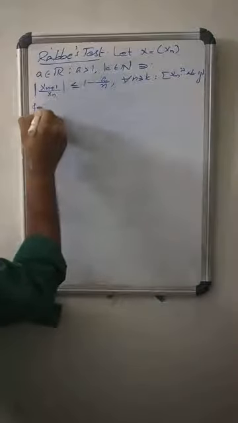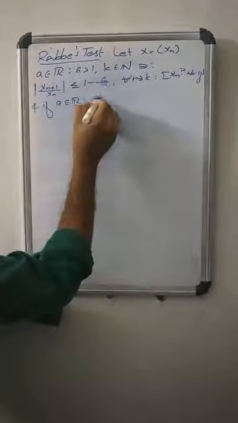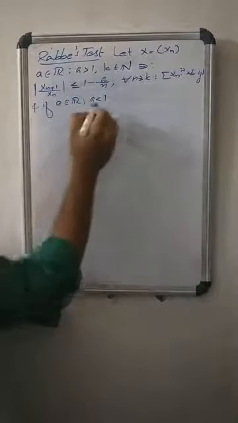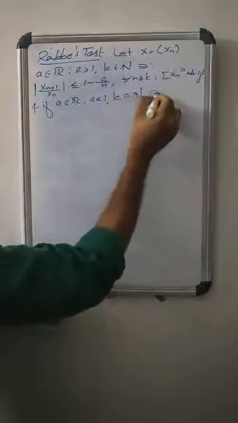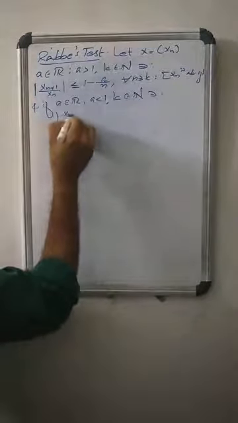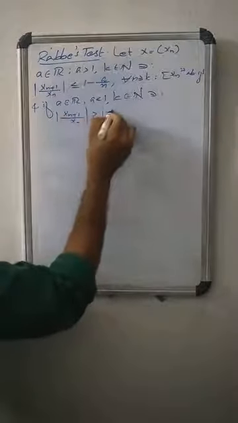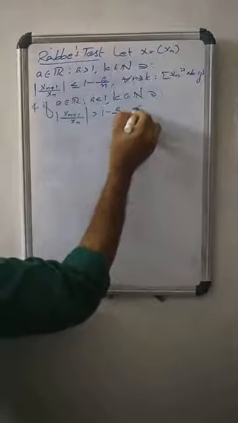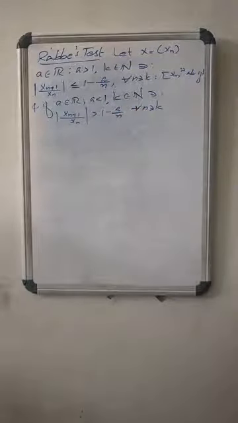And if a is a real number with a less than 1, then there exists a natural number k such that modulus of xn plus 1 by xn greater than 1 minus a by n for all n greater than or equals k, then sigma xn is not absolutely convergent. So this is Raabe's test.